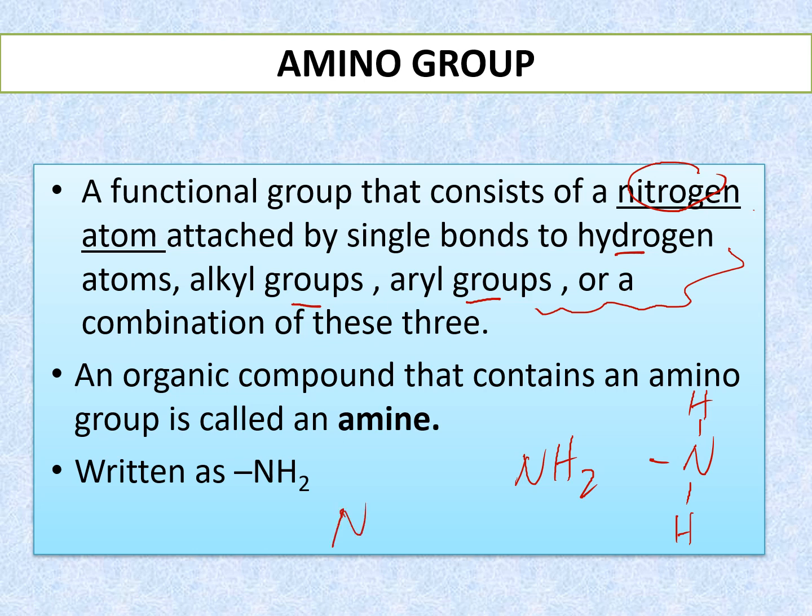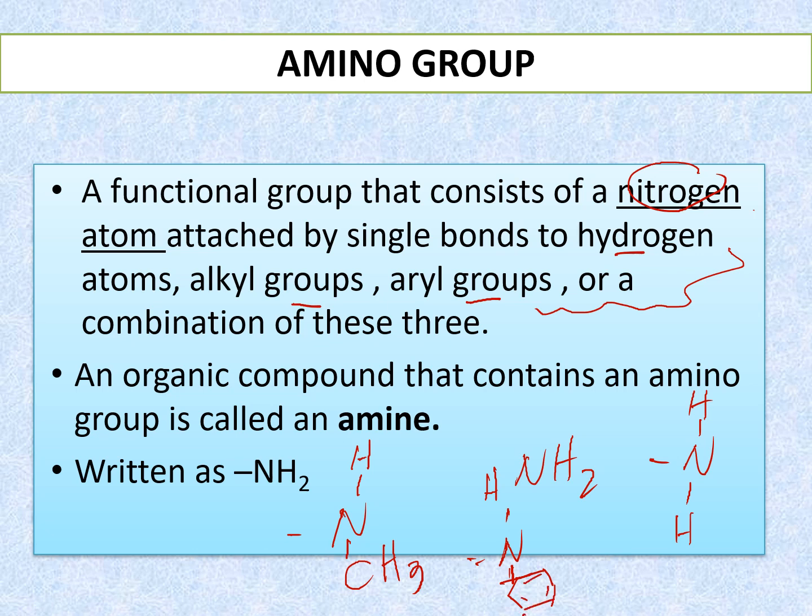Or your nitrogen atom can be attached to a hydrogen atom and another one to an alkyl group, for example, methyl CH3. Or your nitrogen atom can be attached to a hydrogen atom, and the other part of it is attached to a specific aryl group, or a group that is basically derived from an aromatic ring such as your benzene.